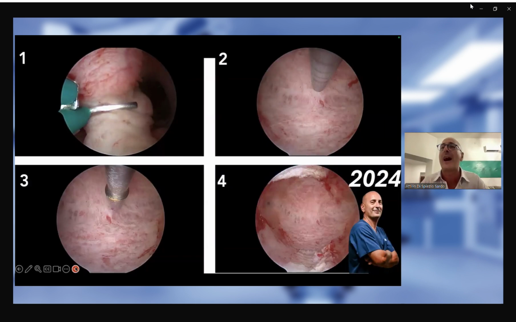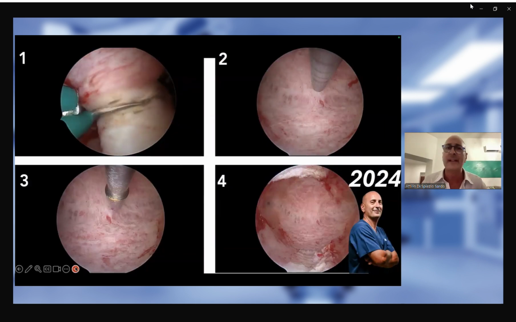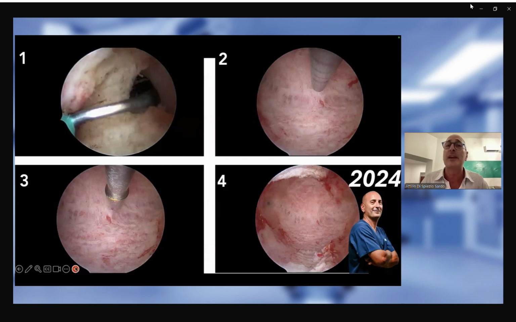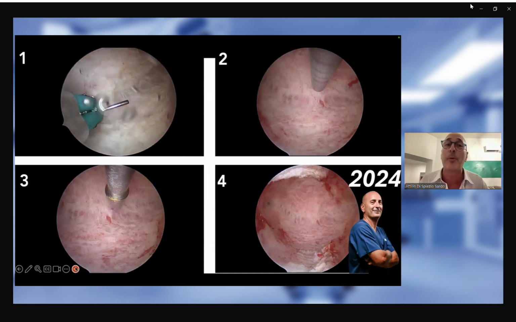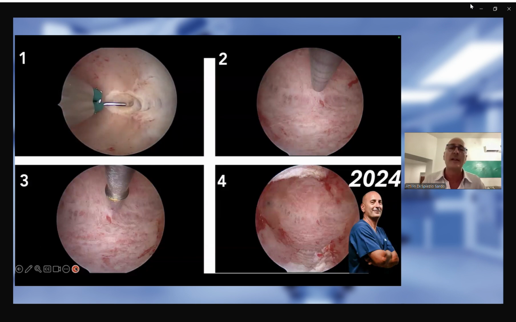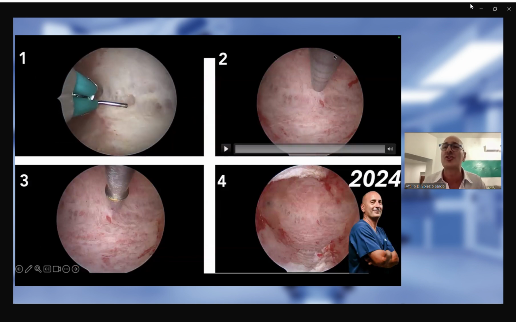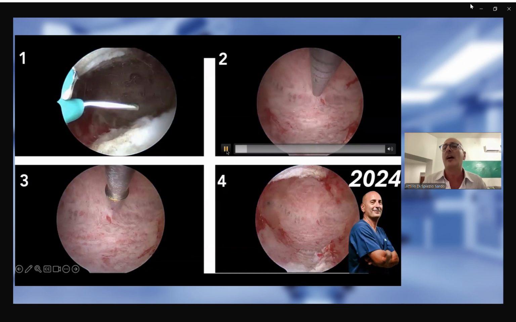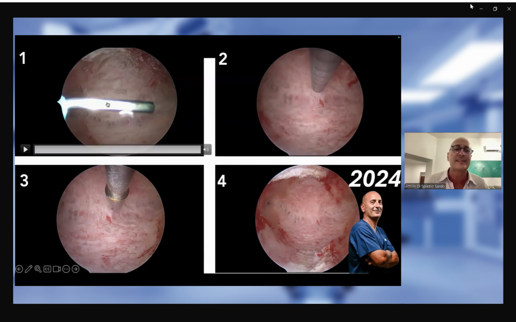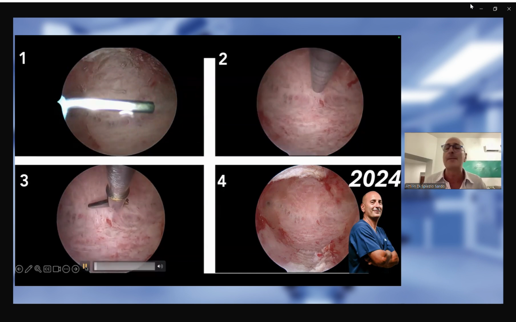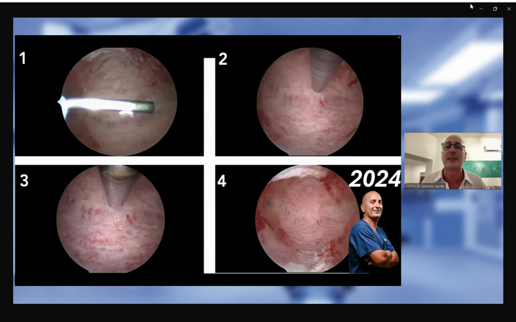This is the reason why I modified my technique up to this technique, even because when a wonderful, I define, miniaturized bipolar resectoscope, the 15 French bipolar resectoscope, came on the market, I immediately thought that probably the best indication for this was the septate uterus, because we can also use the bridge in order to put the palpator inside and to see how many millimeters, centimeters we have cut.